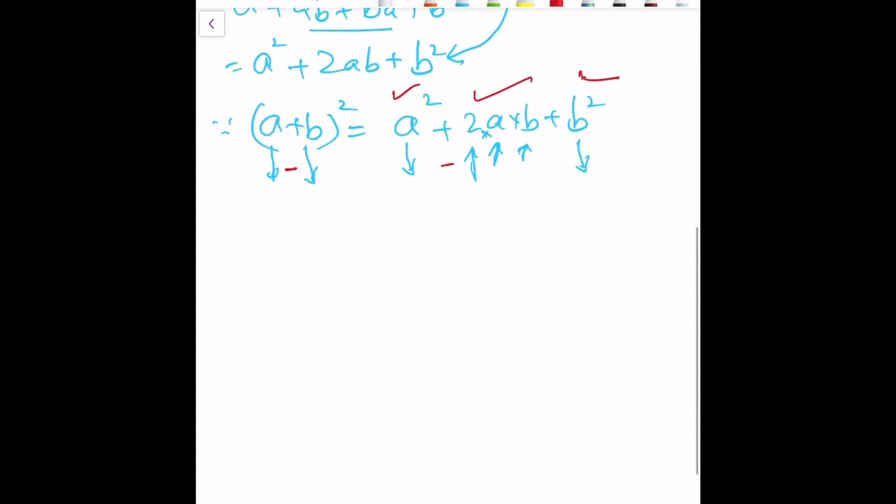Now we're going to try one example: a plus 5 whole squared. According to this formula, what is our a here?